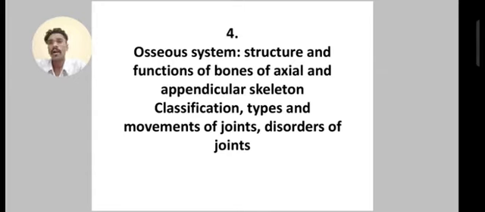So how the syllabus curriculum is telling us to proceed, we are covering those things over there. Basically the osseous system is categorized into two types, the axial system and the appendicular system. The axial system runs along the midline of the body.